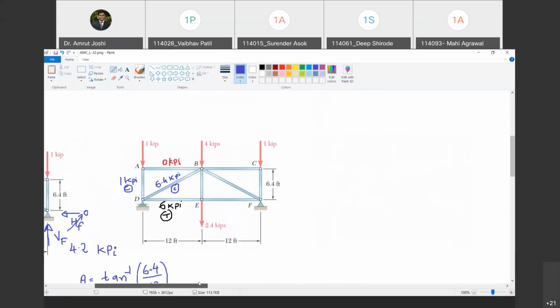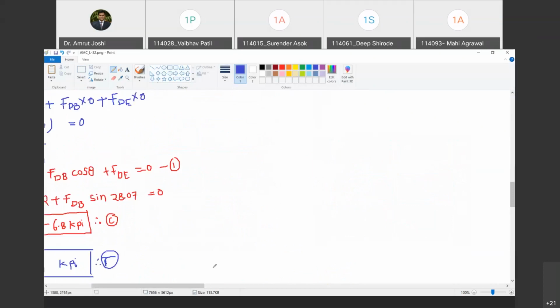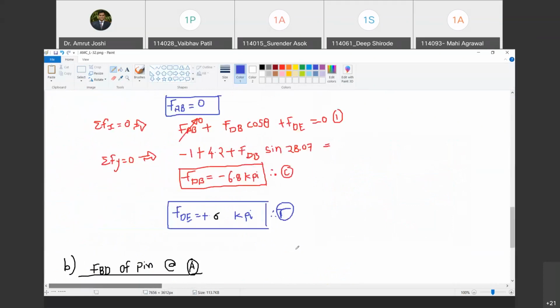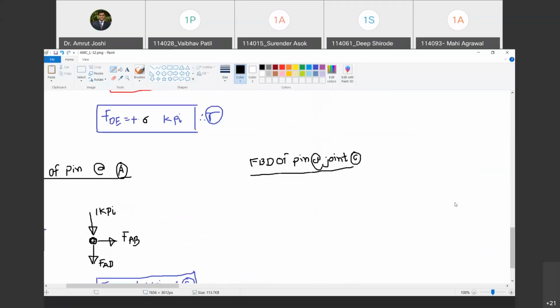Yes, sir. Now let us draw the free body diagram of joint C. Very next to it, I am going to draw the FBD of the pin at joint C. The diagram is going to look something like this.